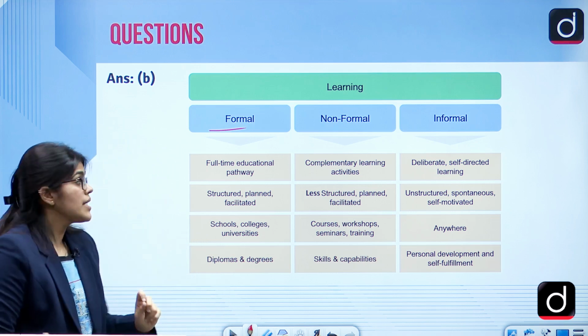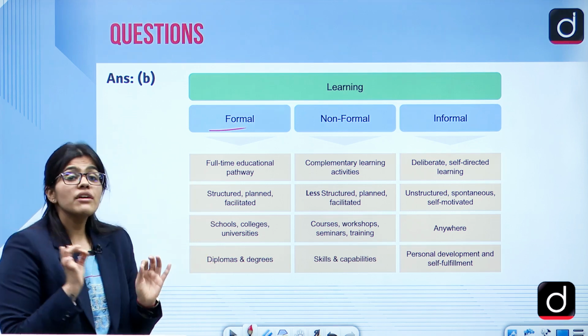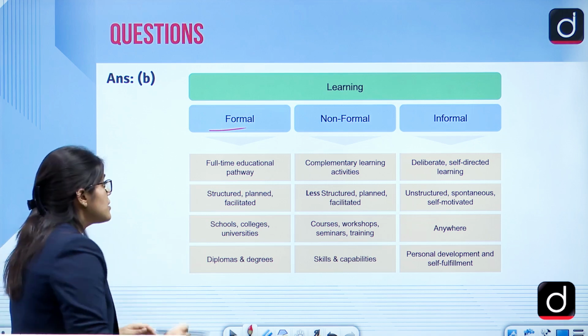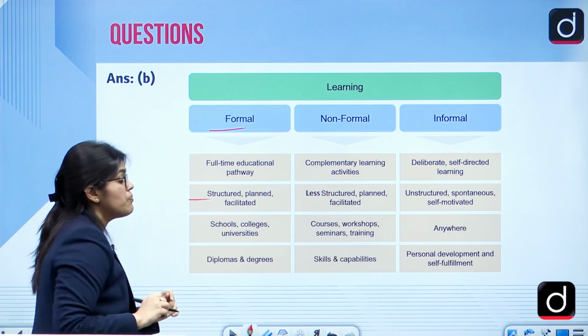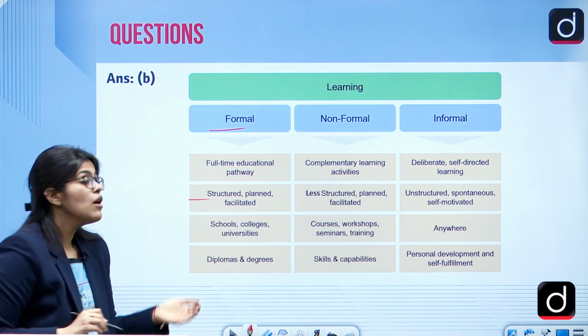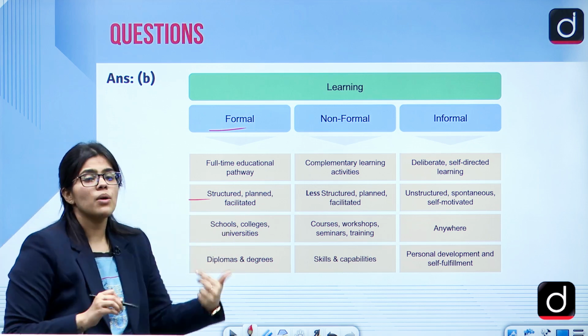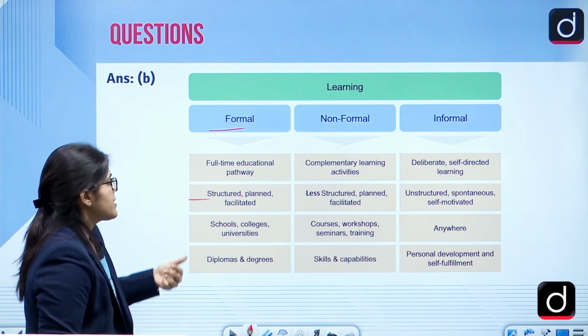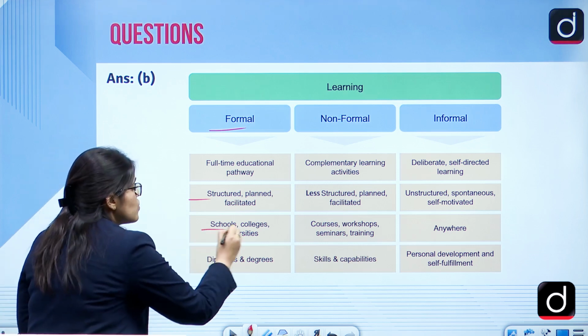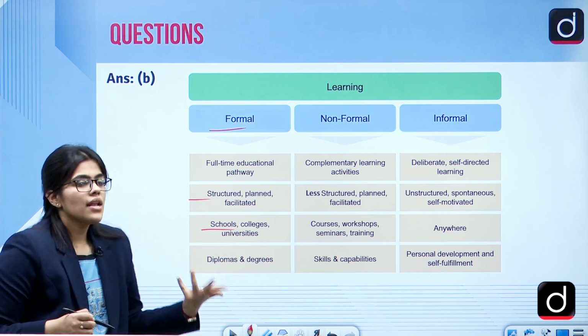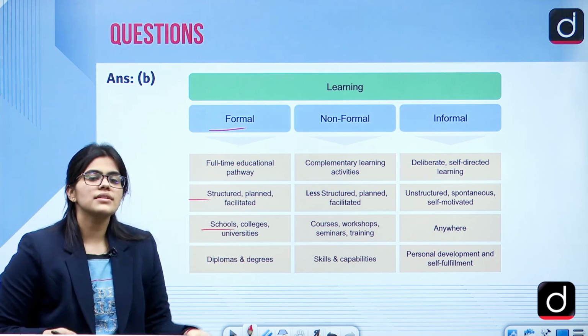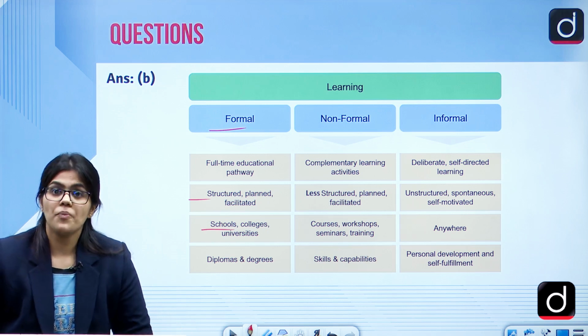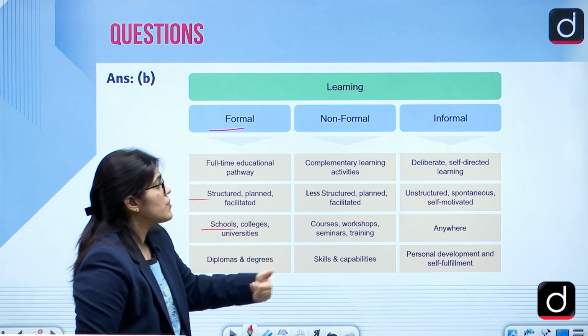So when we were studying in a structured manner with a full-time educational path and in a well-structured manner with proper planning and proper facilitation, then it is called the formal type of learning. This happens in your schools, colleges and universities, like the diploma degrees or other degrees like your BA, MA, etc.